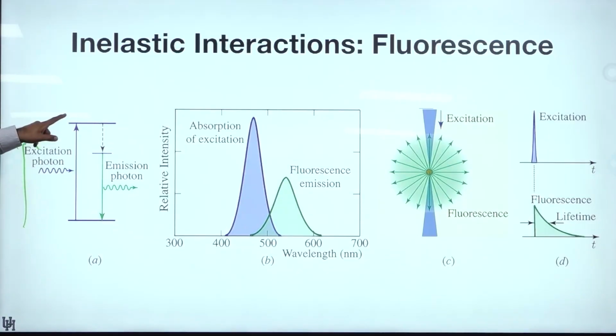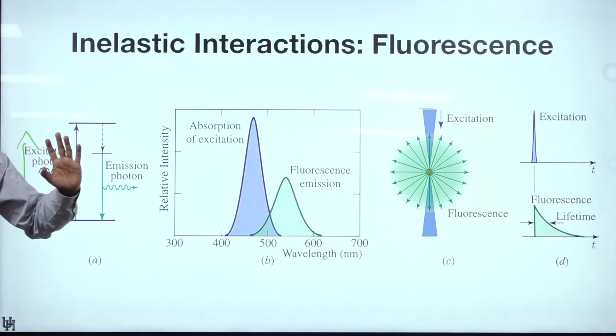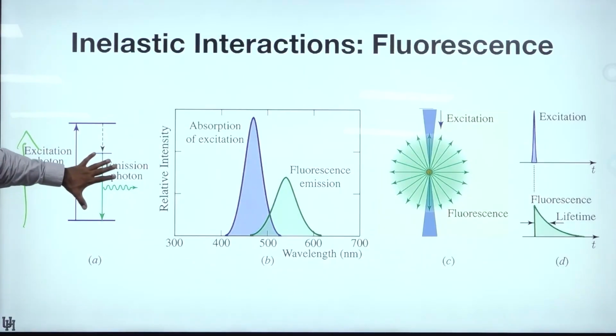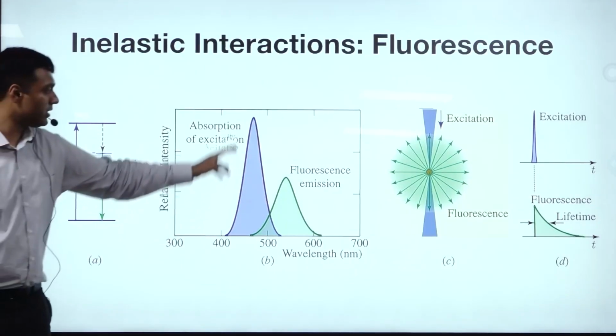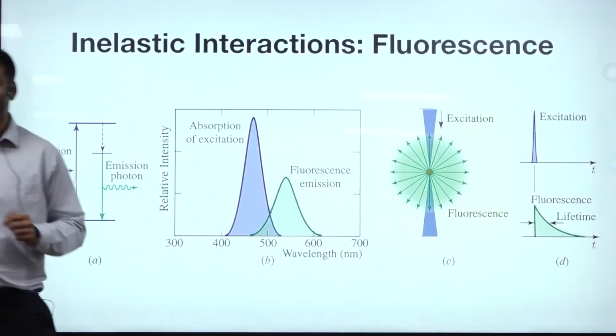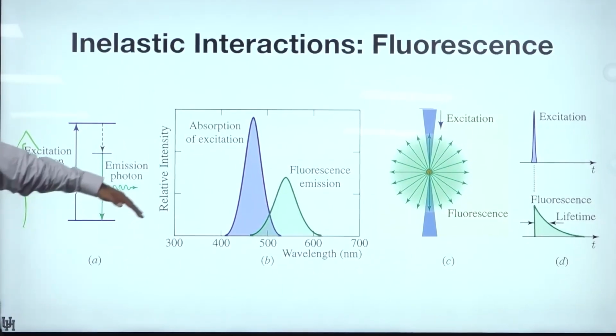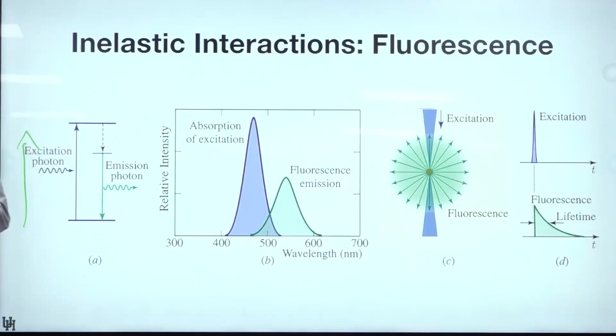So this is a blue photon excitation and a green photon emission. The energy is lower: the photon energy emitted is typically lower than what was incident. So blue is incident and green is emitted, or it could be red emission for that matter, or even infrared depending on the situation.